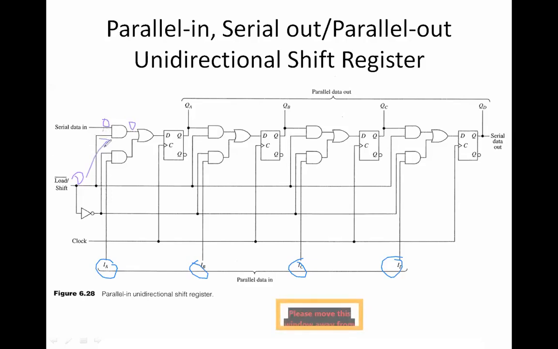Which means I'm getting a 1 here. If I get a 1 here, it is accepting whatever values are here. So IA, which means input, can be 1 or 0. That is multiplied and then it passes. That is why it's called load. When I say shift, then these values are taken.